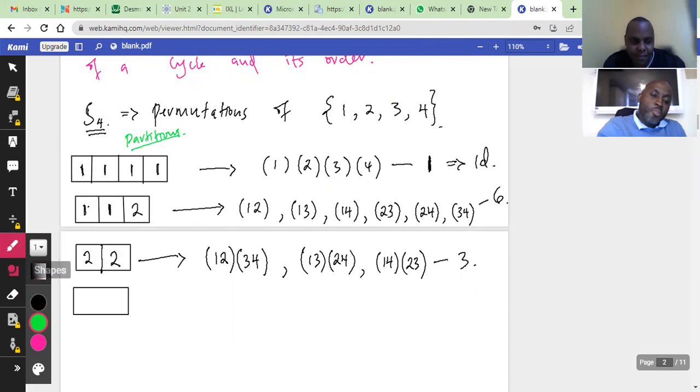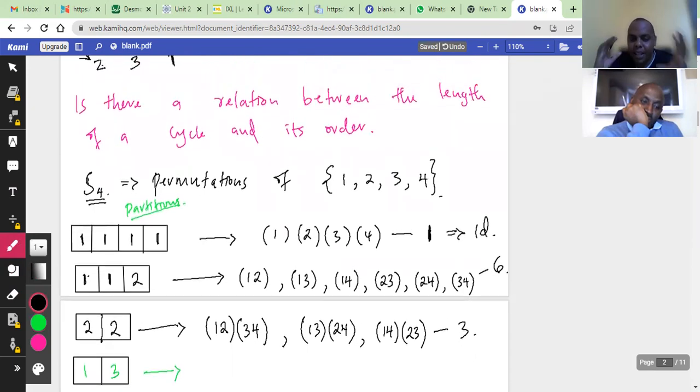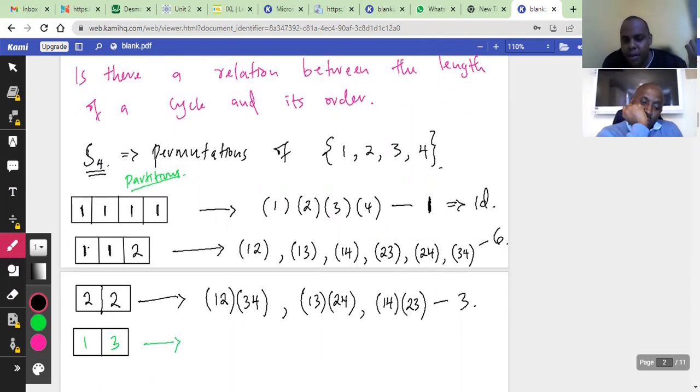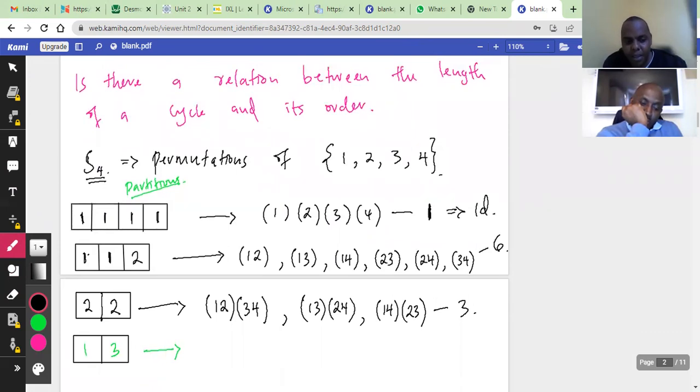Very good. Or 3 and 1, it's the same thing. So what does it mean? We are just using 3 numbers to permute, and then we are ignoring 1 number. So you are permuting 3 numbers, but the 1 number is somehow ignored because there is no way you can permute a number that's alone.